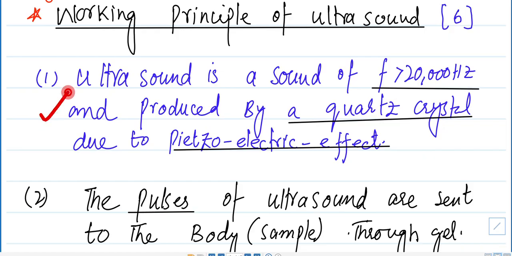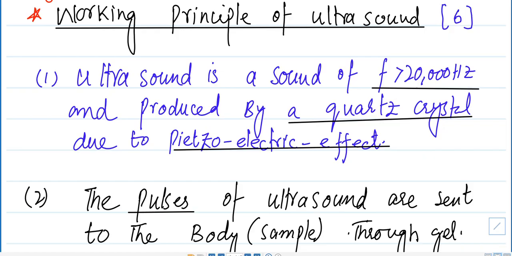So in the first point, what I have mentioned is the property of ultrasound: it has a frequency greater than 20,000. Secondly, how it is produced, with the help of a quartz crystal. Third, that the quartz crystal works on the principle of the piezoelectric effect.